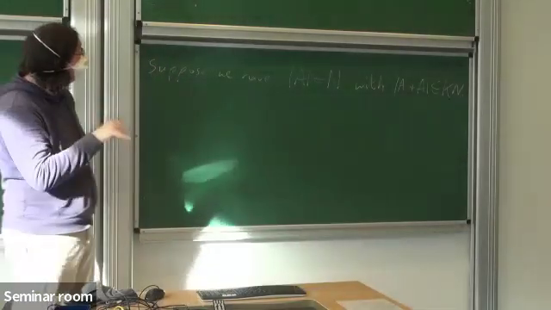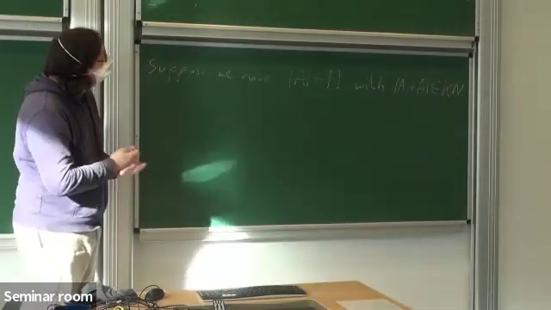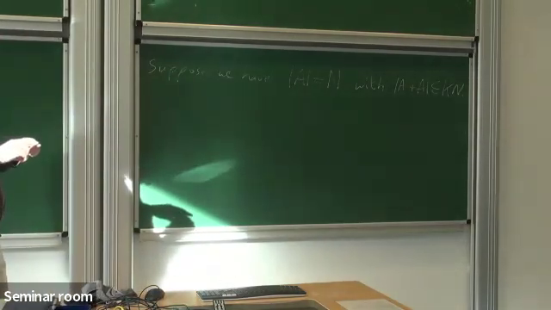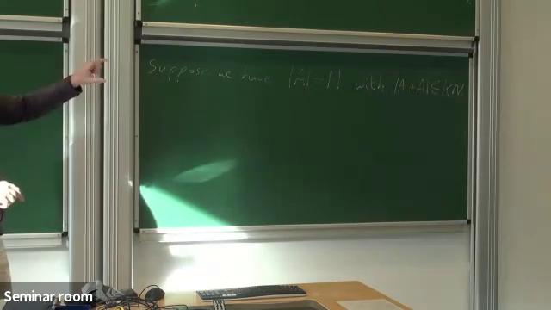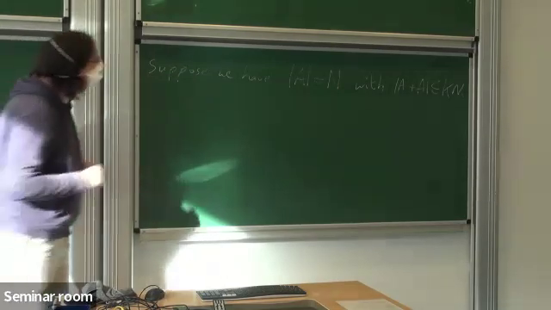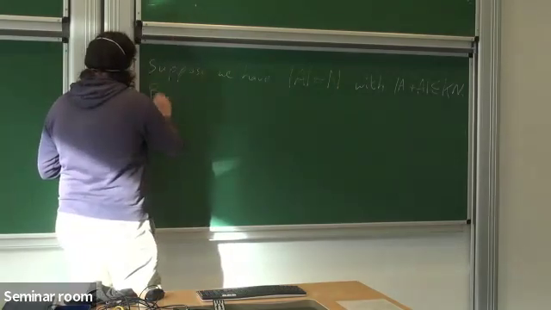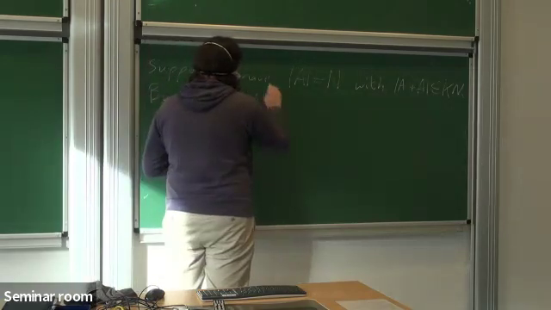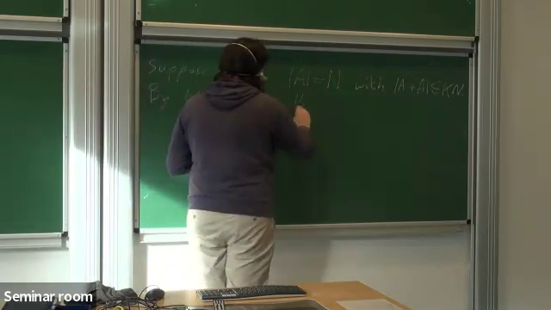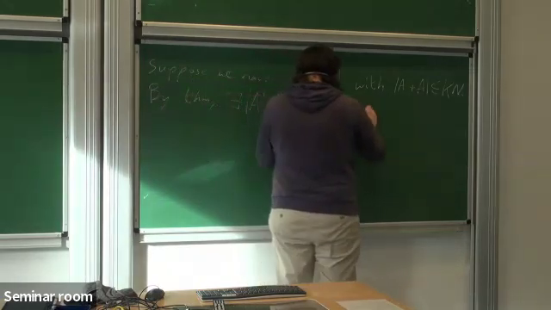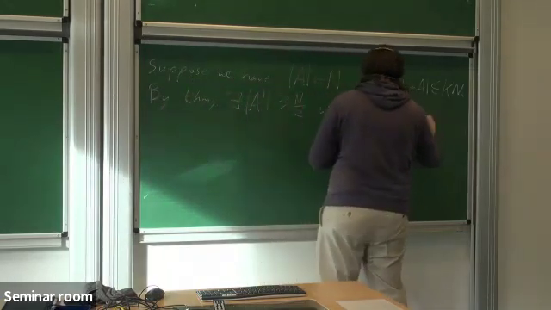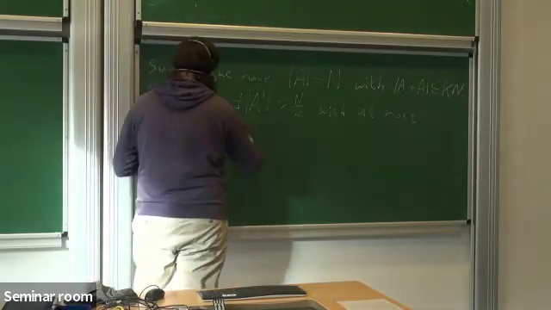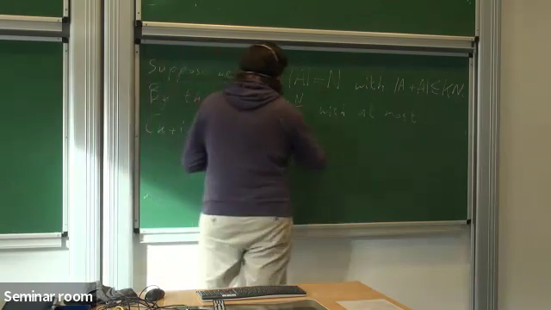I can look at the graph whose vertex set is A, and if x and y are joined, they get color x plus y. By this theorem, there exists some A prime of size at least n/2 with at most ck plus log n colors on a spanning tree.